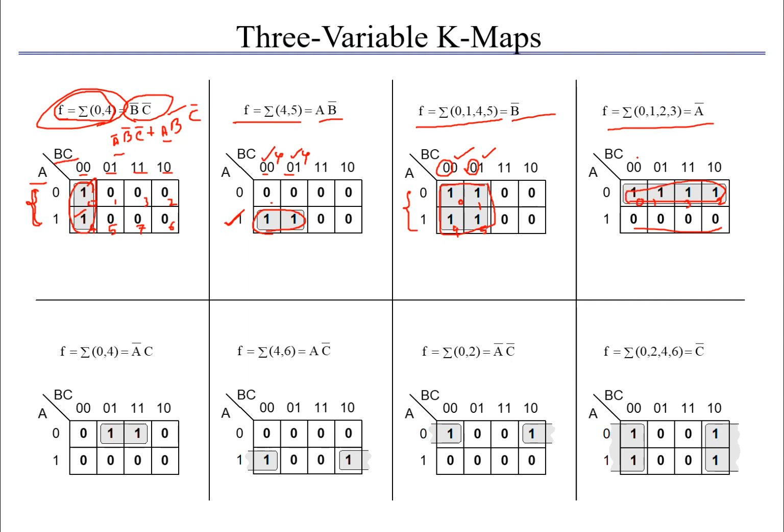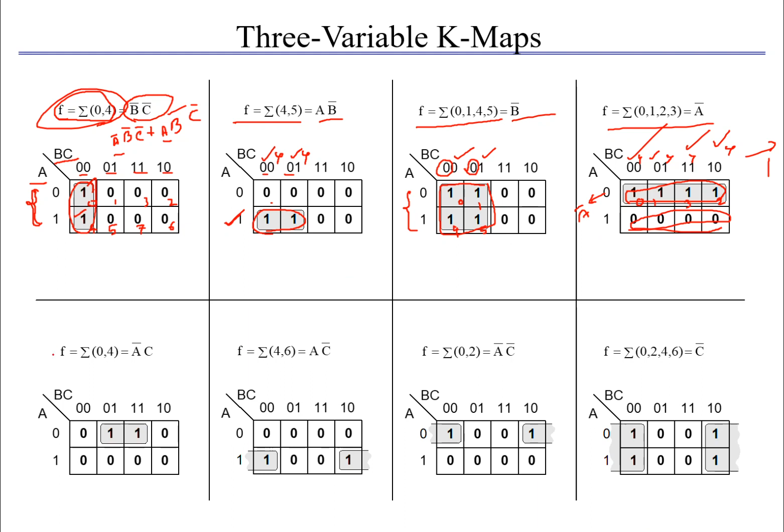And if you see here, your B is varying between 0 and 1, and your C is varying between 0 and 1. Hence, we can write for B and C as 1 and A is here as 0. Hence, we can write it as A bar. If the 1 is present in these cells of zeros, at that time we need to write it as A. As here A is 0, we are writing it as A bar.